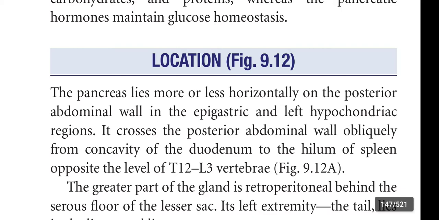It crosses the posterior abdominal wall obliquely from the concavity of the duodenum to the hilum of the spleen, opposite the level of T12 to L3 vertebrae.